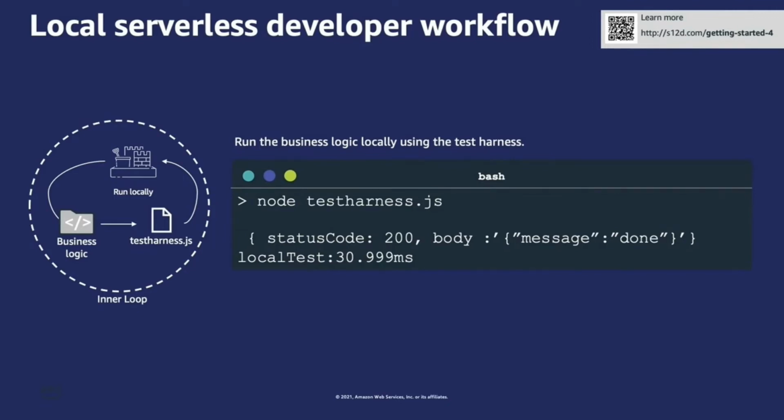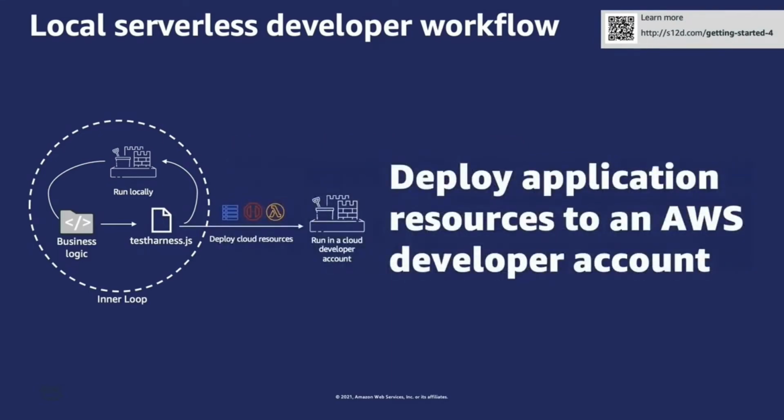But running locally in this way actually gets you quite far along in your developer workflow before you then need to test your Lambda function and your application in an AWS account. But you will need to test your function in an AWS account before too long. And at that point, it's because you need to test how your function interacts with other resources, things like DynamoDB tables, API gateway URLs.